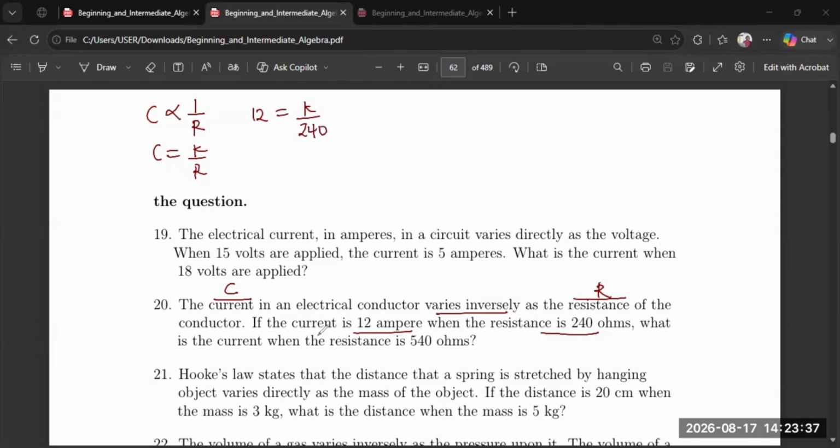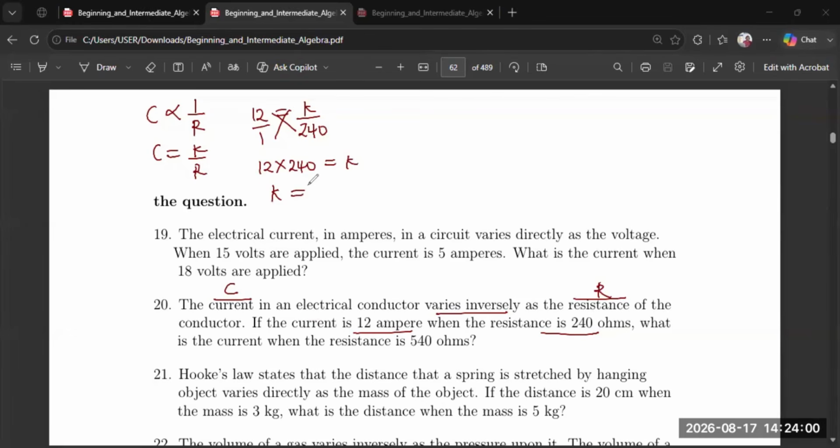With this statement, we're going to get K, the constant of variation. Let's do that really quick. We cross and multiply, so 12 times 240 is equal to K.